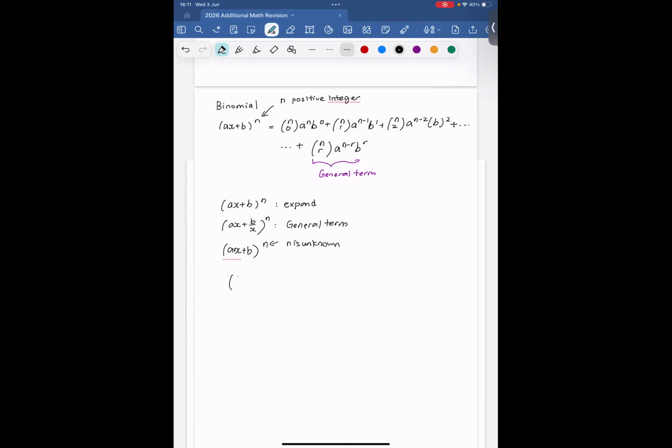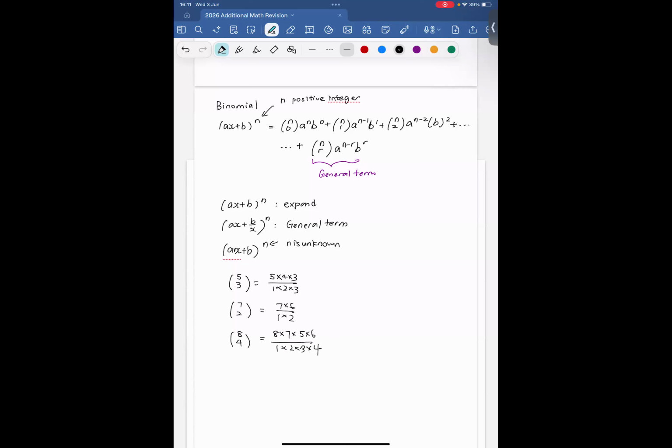We need to know that 5C3 is actually 5 times 4 times 3 over 1 times 2 times 3. We need to know 7C2 is actually equal to 7 times 6 over 1 times 2. We need to know 8C4 is actually equal to 8 times 7 times 6 times 5 over 1 times 2 times 3 times 4.